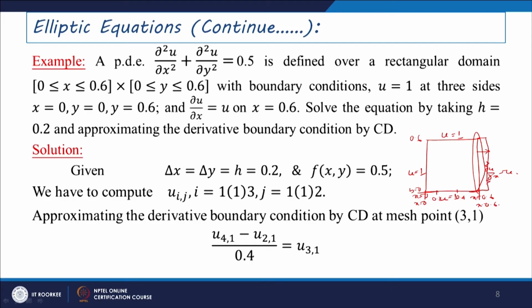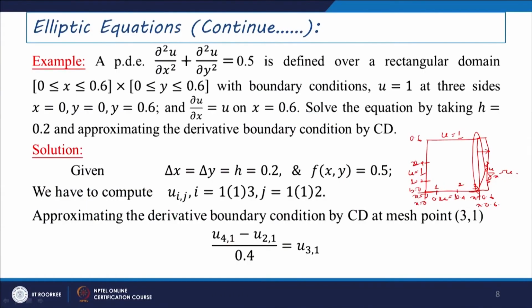And j will vary only from 1 to 2, since the first boundary is 0 here, then 0.2, 0.4 and last is 0.6. So j can vary only over 1 and 2 points and i will vary from 1 to 3 points, since 4 is the fictitious boundary which can be updated from the previous step values. And if you approximate this derivative boundary condition at this last boundary, it is represented at x equals 4 there, or we can consider this one as 0.8 here.